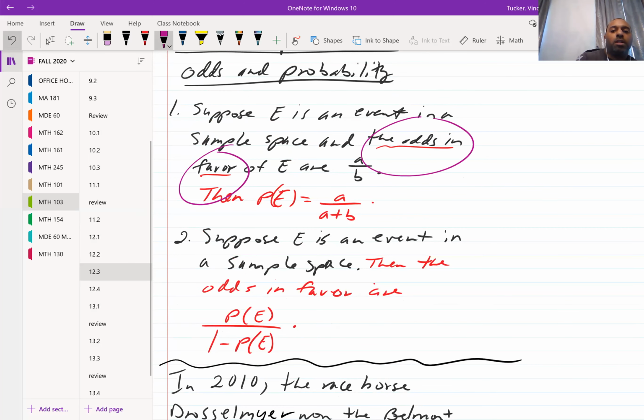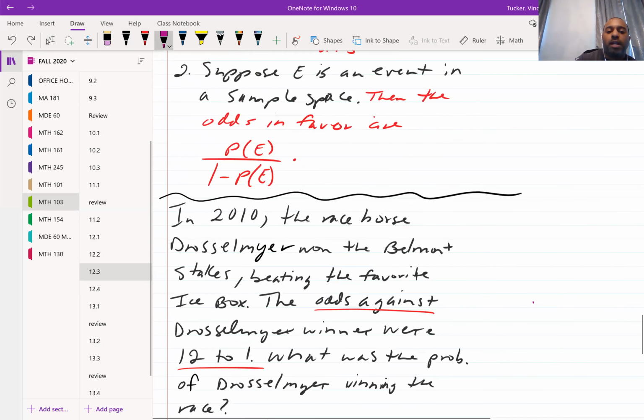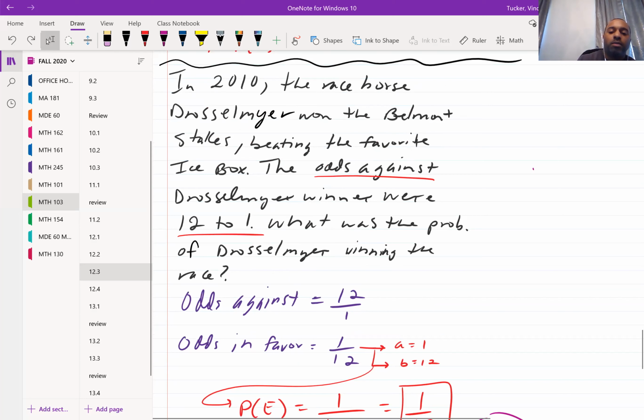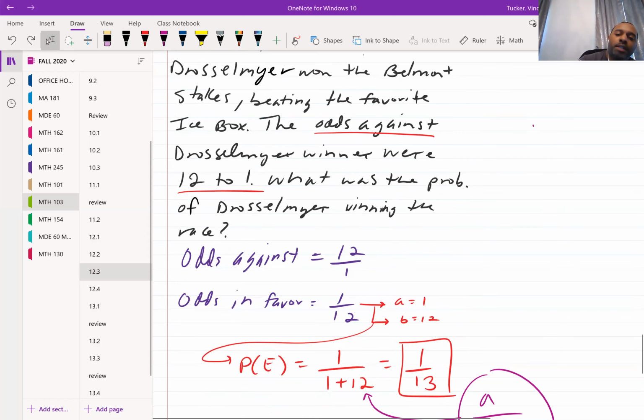And remember, the relationship between odds in favor and odds against is just flipping the fraction. So we have odds against is 12 over 1. That means odds in favor will be 1 over 12. And that makes A 1 and B 12.